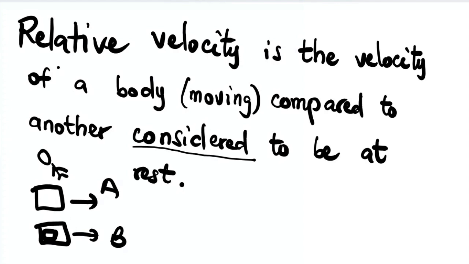So relative velocity is the velocity of a moving body compared to another considered to be at rest. Doesn't mean that it necessarily has to be at rest, but we just assume it to be at rest. So if you were in this car, we will also assume that car A is stationary and car B is moving.